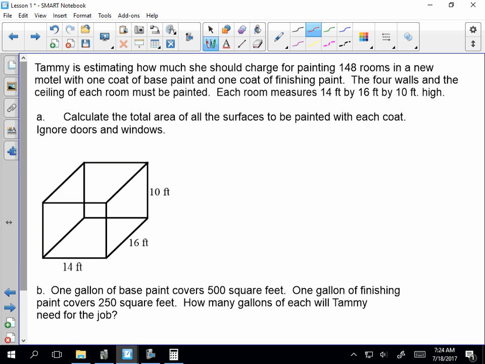So we have to look at the front and back wall. The front and back wall are both similar rectangles, and those rectangles are 14 feet for a base and 10 feet for a height. So each of those walls individually has an area of 140.